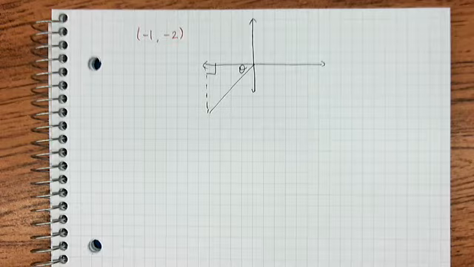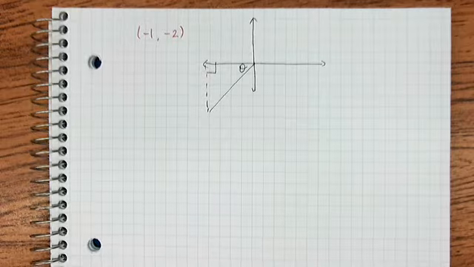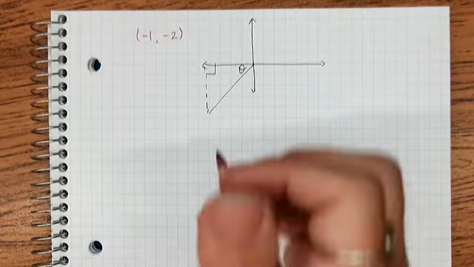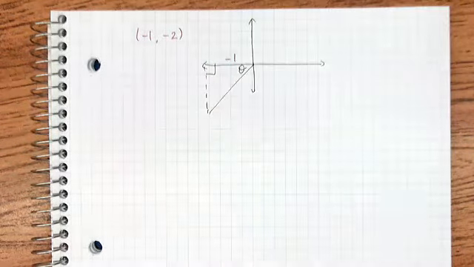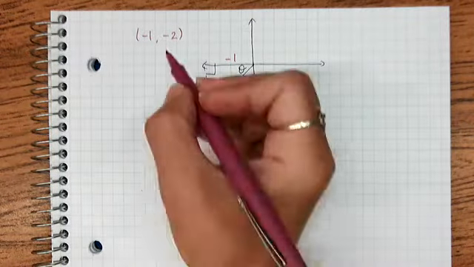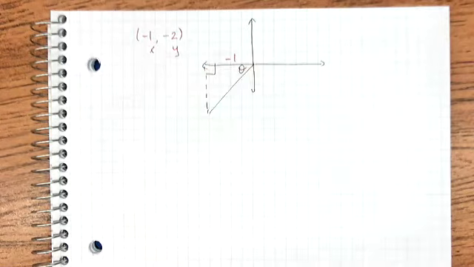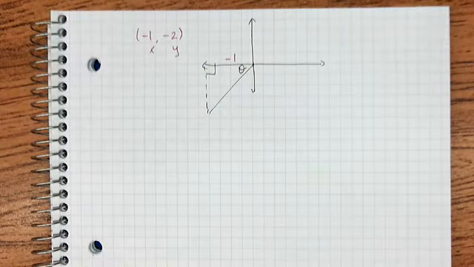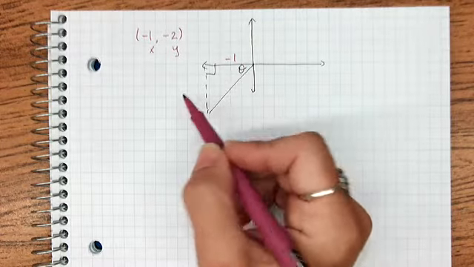Okay, so I know that the x coordinate is -1. I got that from here. This is x, y. Whoa, wait, Miss Babiak, why isn't that just cosine, sine? This is -2.